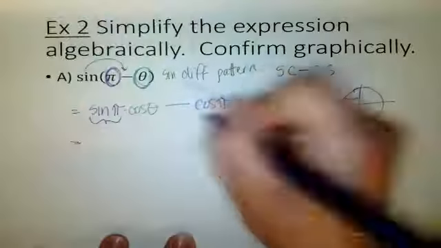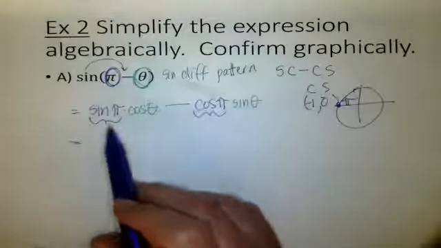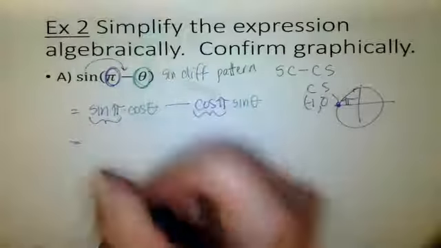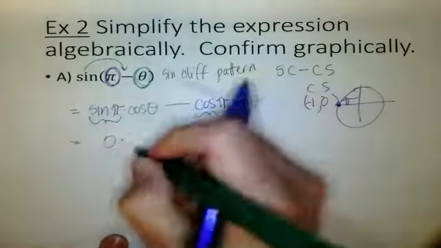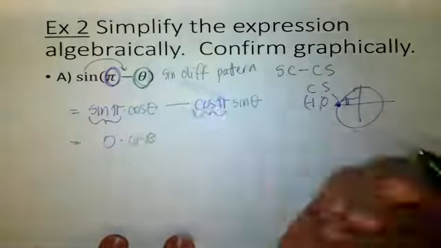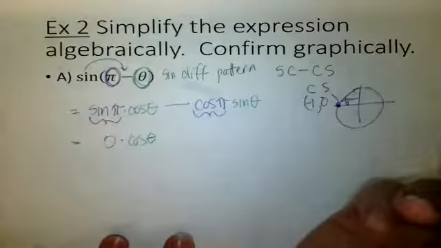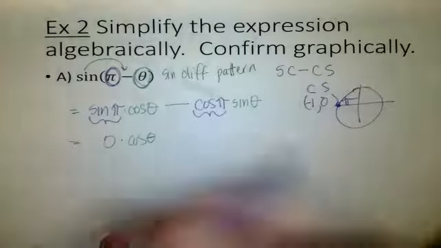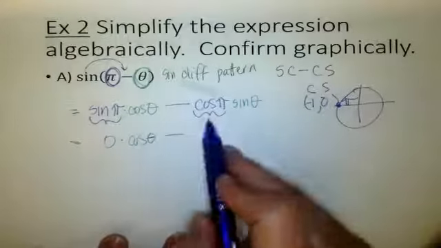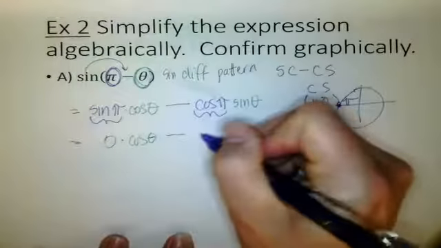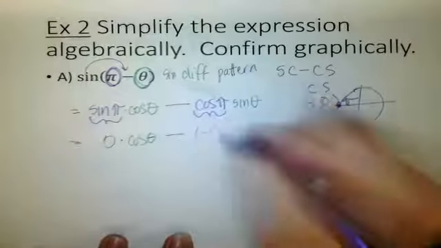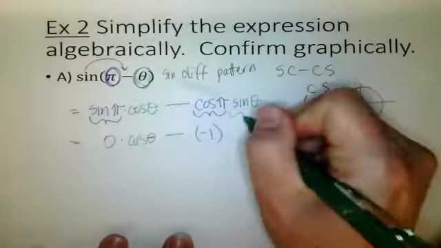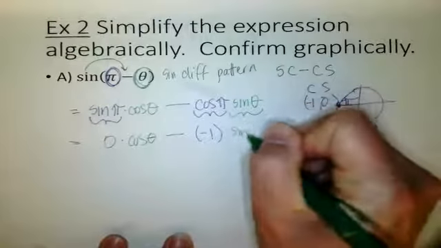So those we can evaluate. What is the sine at pi? 0. 0 times the cosine of some unknown angle theta. I don't know what it is. And then, what is the cosine of pi? Negative 1. And again, I don't know the sine of theta.